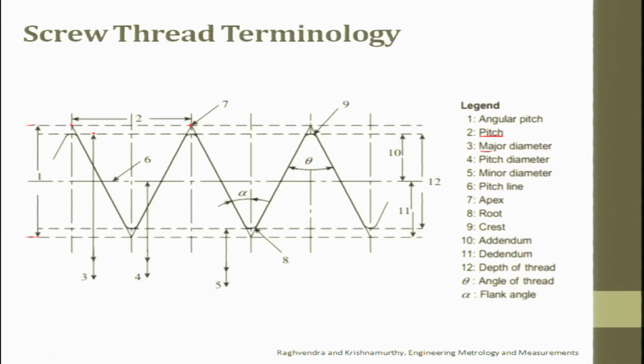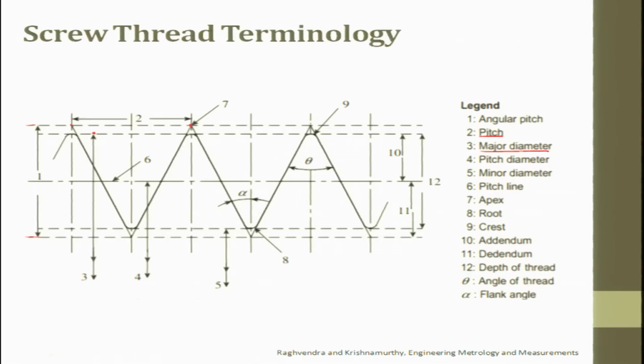Next one is major diameter. Major diameter is measured between this point, the crest, and, from the topmost point, to the opposite side topmost point. That is called the major diameter.